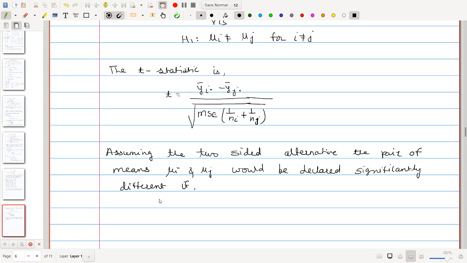Then we can say the corresponding pair of means are significantly different in the t test.